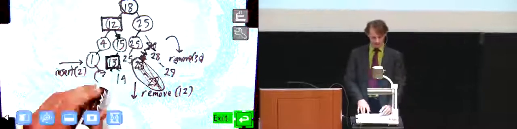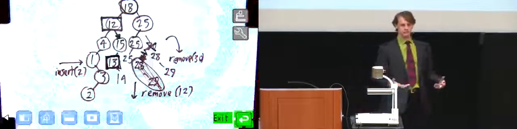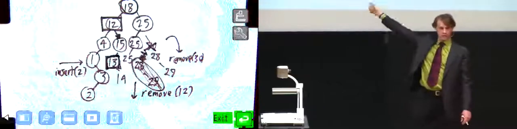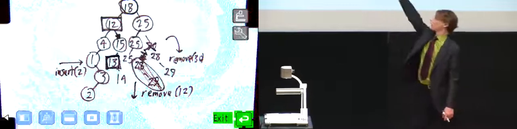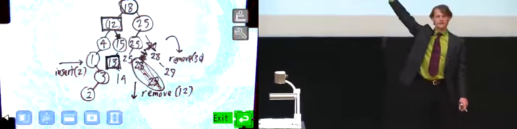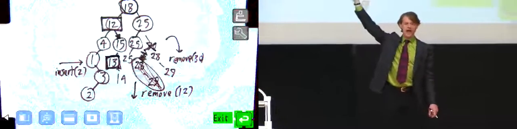Now, since that 13 has only one child, because it has no left child, you can remove the 13 and move the 14 up to take its place. Then we're going to put the 13 in the box where the 12 is, and that gets rid of the 12.